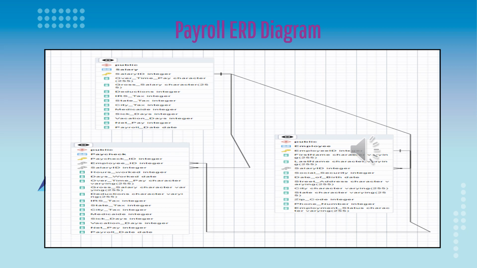On this diagram, you can see we have public, we have salary, salary ID integer, we have overtime pay, character, gross salary character, we have deductions, IRS tax, state tax, city tax, we have Medicaid integer, we have sick days, vacation, net pay, and payroll. So this is just an overview of a payroll ERD diagram.